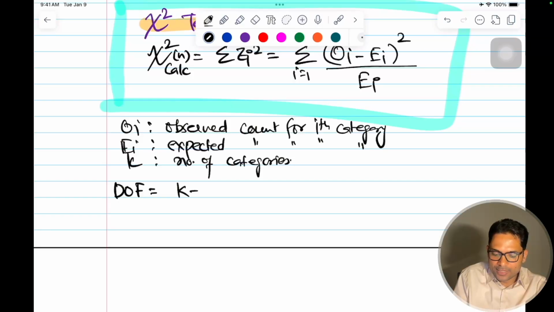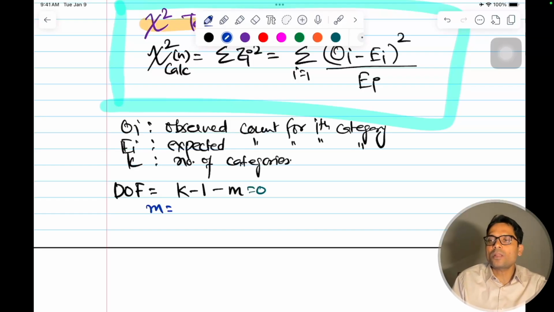You have seen this k minus 1. There's one more thing, called minus m. Generally this is equal to 0, and this m denotes the number of parameters estimated from the sample data to determine the expected probability distribution.